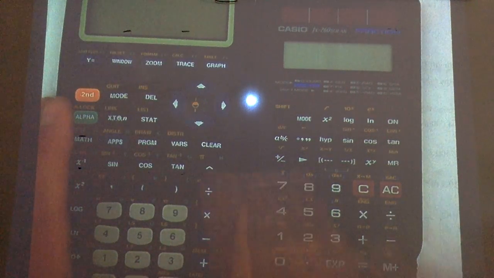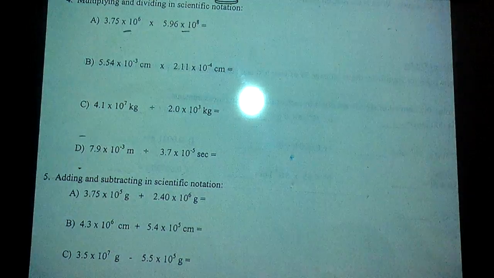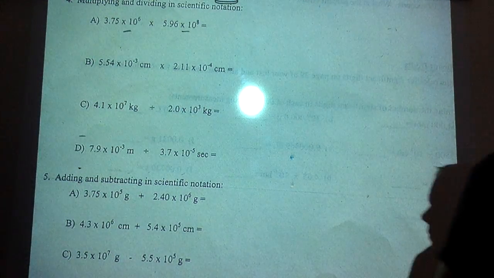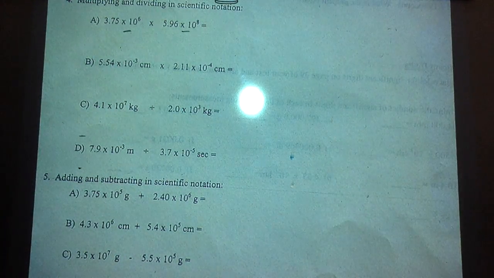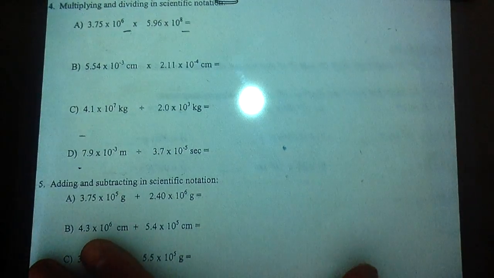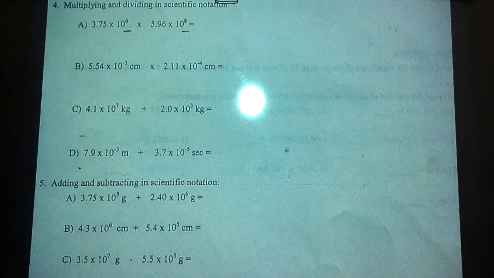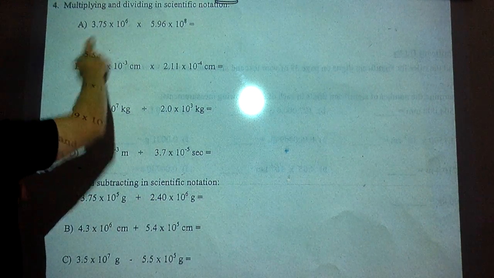So we don't type in times 10. Don't use your caret key. We don't type in times 10. So if I am doing this first problem, you would type in 3.75.